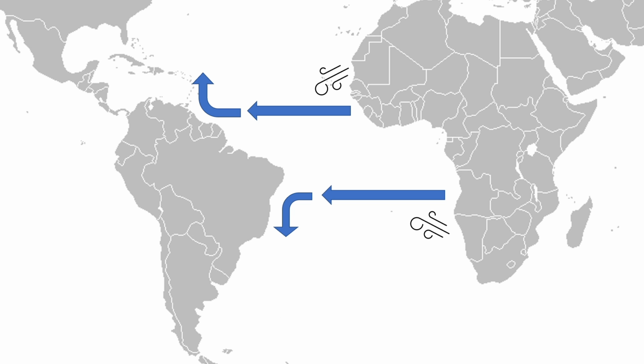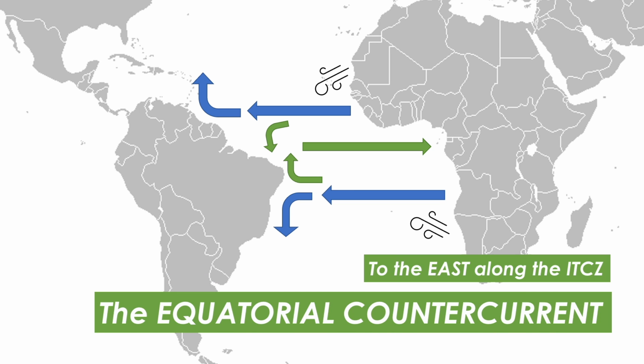However, some of the flow splits off towards the equator, converging with the flow from the other hemisphere and piling up locally. Combined, the heightened water level in that region, with sea surface levels sometimes up to half a meter higher in the west than the east, causes a current to flow straight down the pressure gradient back towards the east along the ITCZ. This is known as the equatorial countercurrent.